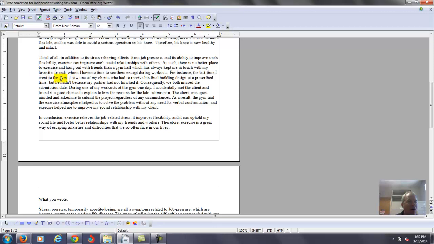During one of my workouts at the gym one day, I accidentally met the client and found it a good chance to explain to him the reasons for the late submission. The client was open-minded and asked me to submit the project regardless of any circumstances. As a result, the gym and the exercise atmosphere helped us to solve the problem without any need for verbal confrontation, and exercise helped me to improve my social relationship with my client.